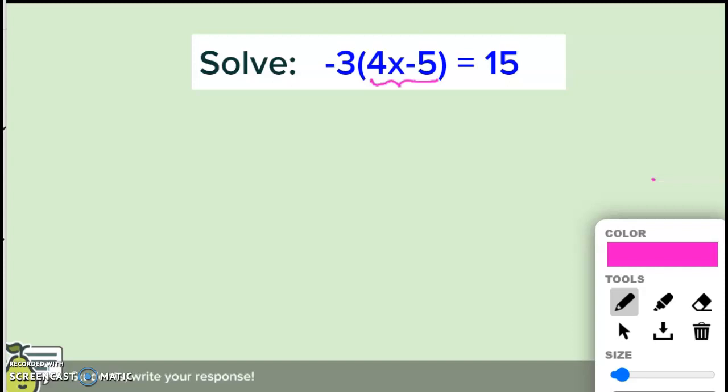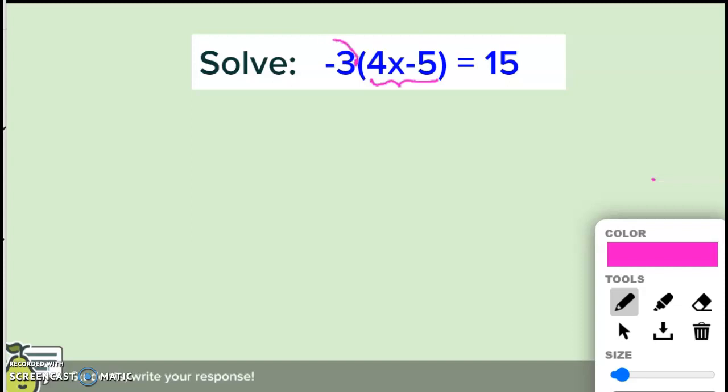So the only way I can get rid of this parenthesis is that negative 3 is being multiplied to the whole thing of 4x minus 5. So there is this multiplication right there. Even though it's not written, the default is multiplication when there is no operation between a number and another number.